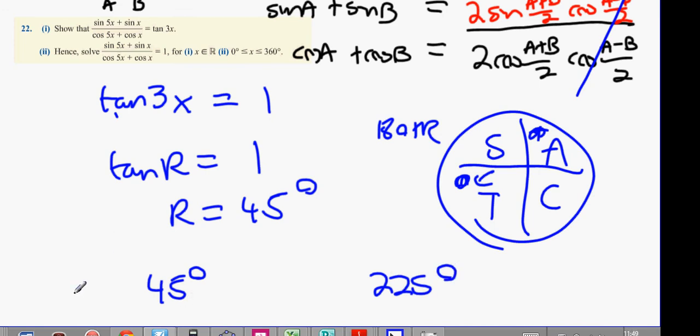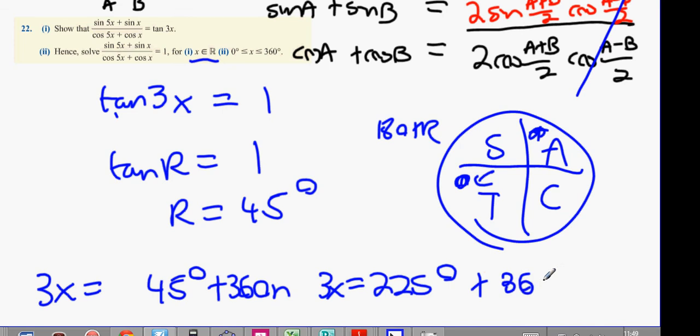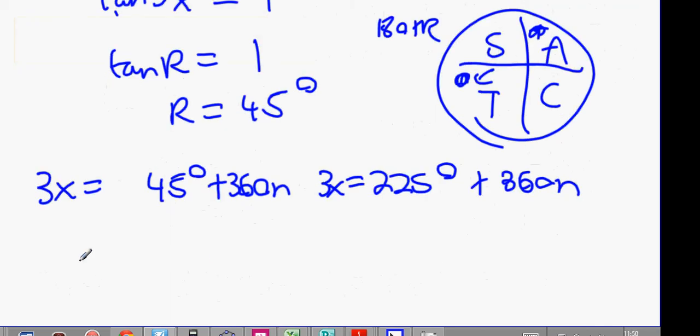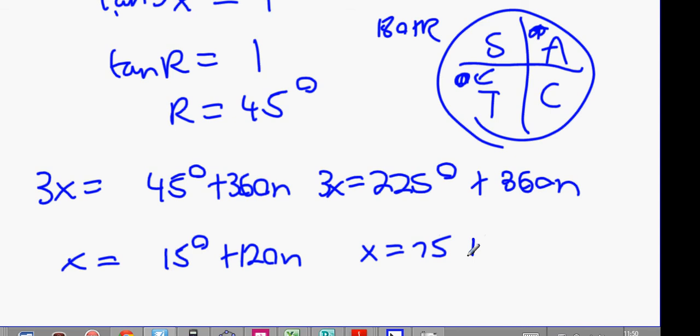Now remember, x element R means you have to take all the rotations into account. So 3x equals 45, 3x equals 225. But you also have to add in the 360n. Divide both sides by 3, and what you get is 15 plus 120n, and you also get 75 plus 120n.